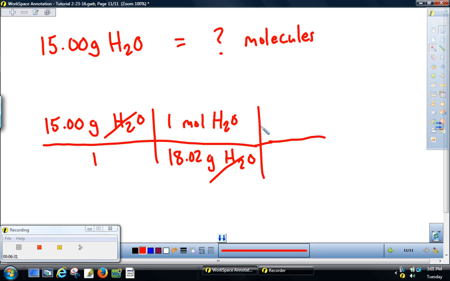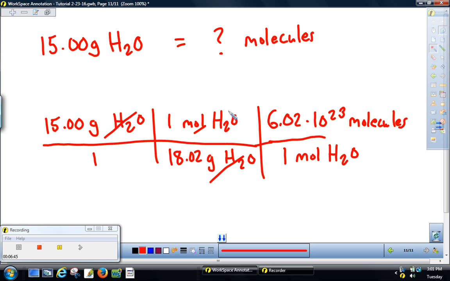And we just established that if you know the number of moles, moles times Avogadro's number will give you the number of molecules. So moles of water cancel. Let's go ahead and get our calculator out.